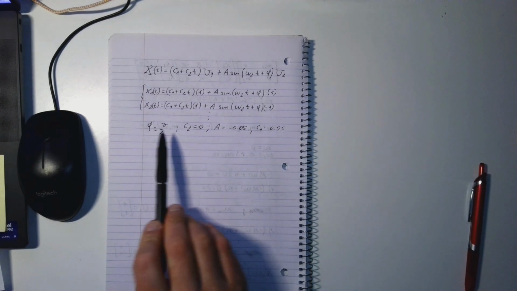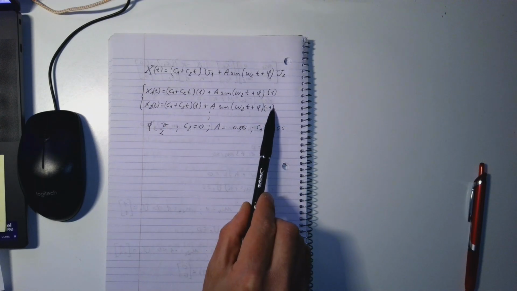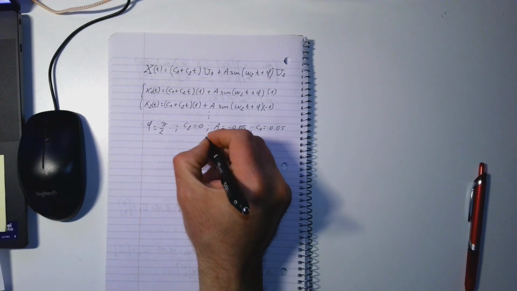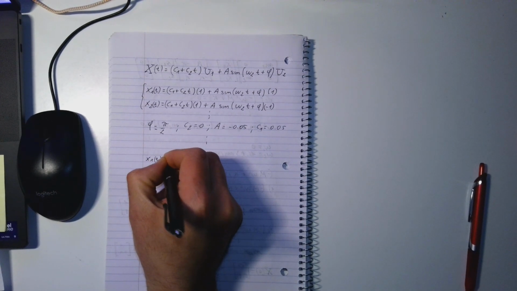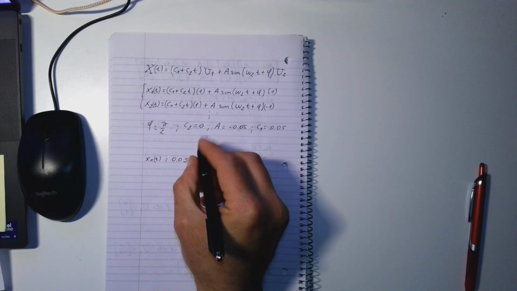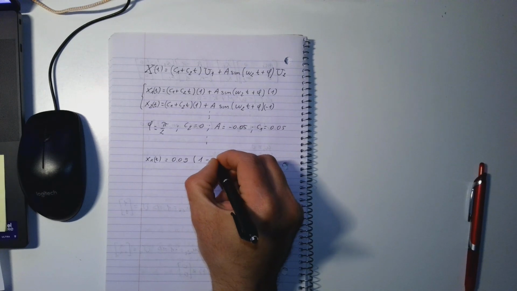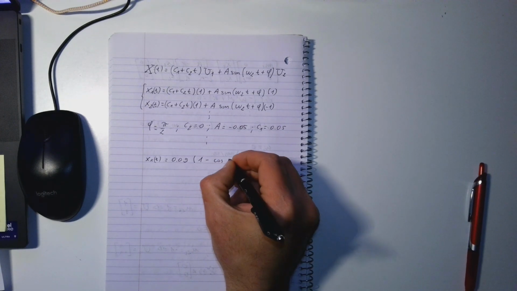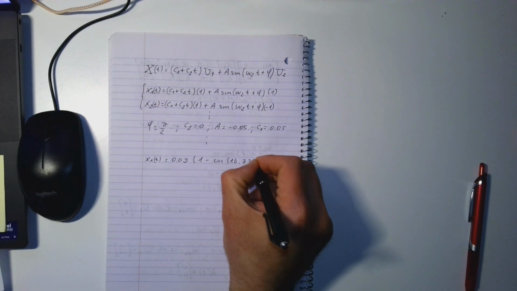Now that we have these constants, we can finally plug them in the first and the second solution, and what we obtain would be x1 of t equal to 0.05 times 1 minus cosine of 16.73t.